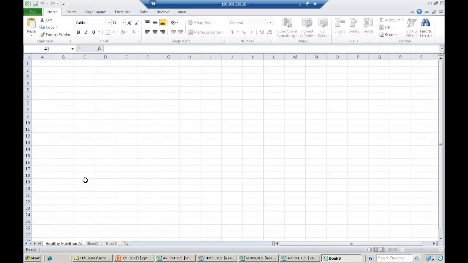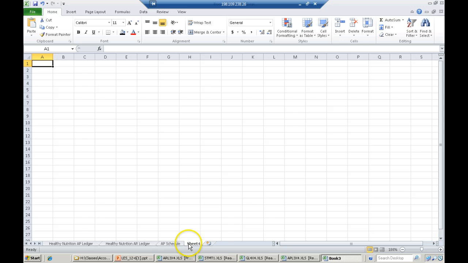It's not letting me do any symbols here. Accounts Payable Ledger. Hit enter. Let's go to sheet 2, rename it Healthy Nutrition Accounts Receivable Ledger. Let's go to sheet 3, right click, rename, AP Accounts Payable Schedule. This is going to be your schedule of accounts.